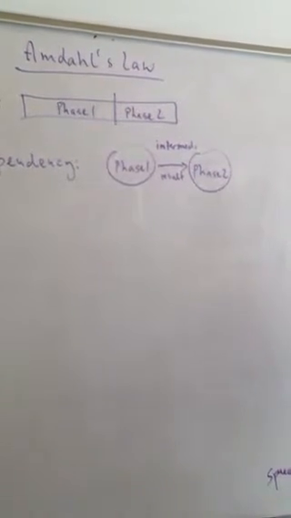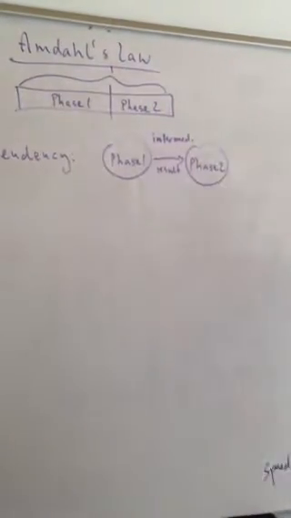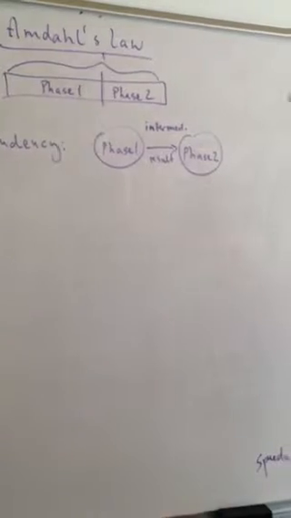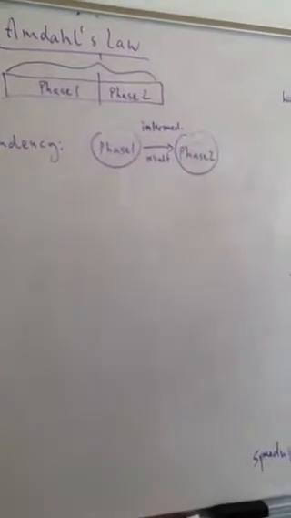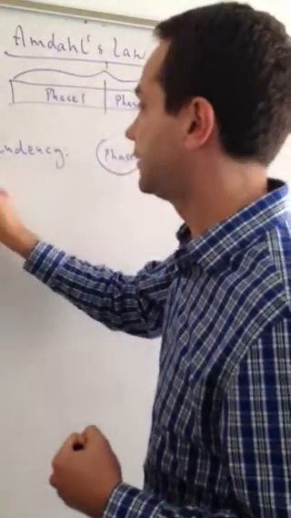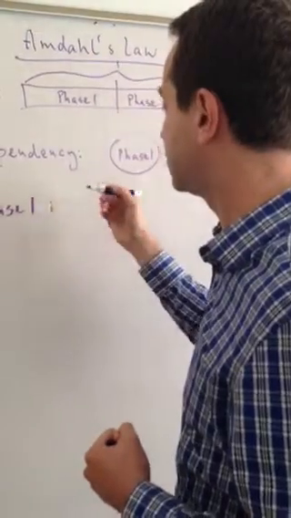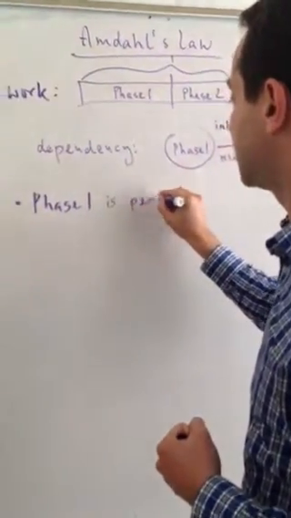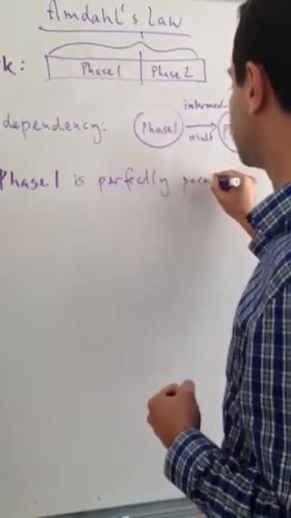And now we know that overall the work is still one. It's the same as before, but it has now this extra structure of these two phases. Now we also know that phase 1 is perfectly parallelizable.